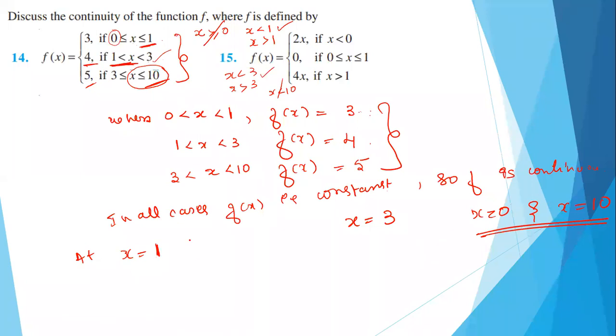So at x is equal to 1, what is the right hand limit? Here, limit x tending to 1 plus, from right hand side. So 1 plus means x greater than 1. So what will be the functional value when x is greater than 1? So limit x tending to 1 plus will be 4. So you get it as 4, correct?